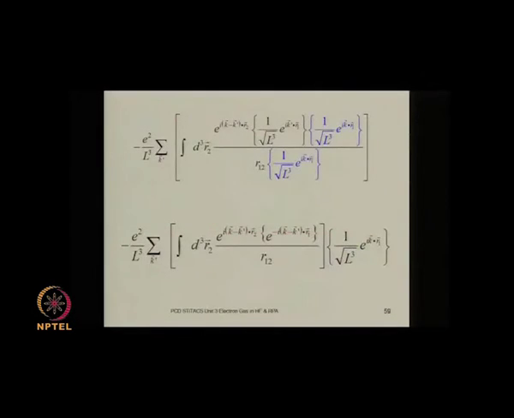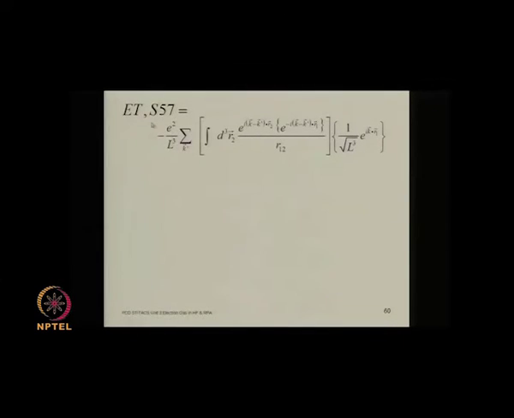So, this will be (k prime minus k) dot r 1 or minus of (k minus k prime) dot r 1. So, that is what we have got. Okay. Are we all together? It is simple, but not keeping track of the sign can make it very messy. So, we have got the exchange term of slide 57, which we have now written as this. Okay. Are we all together?